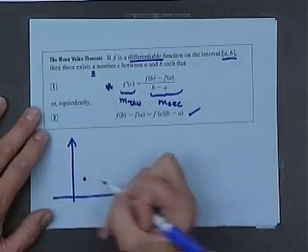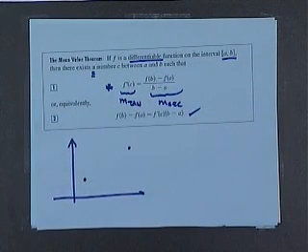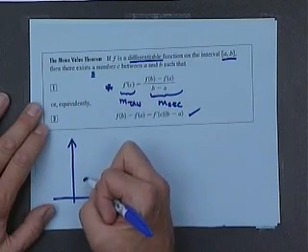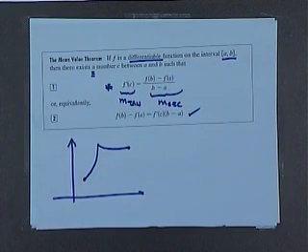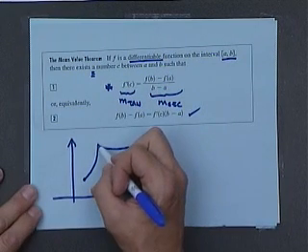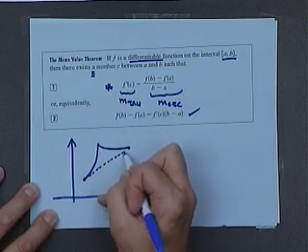So let's take our first point and our second point and connect them in such a way that the function is not differentiable. Something like that. Everybody agreed? Derivative doesn't exist right here. So here's the slope of the secant.